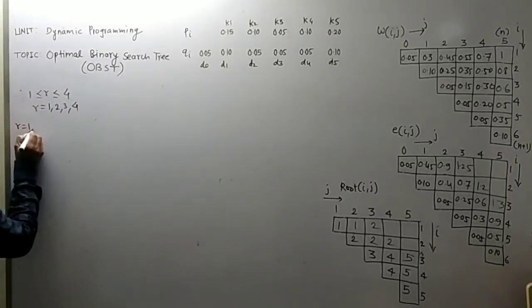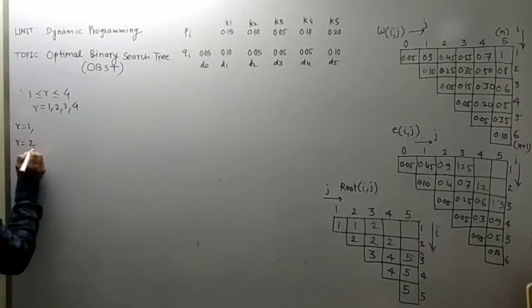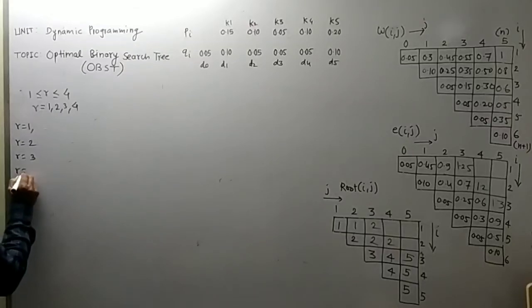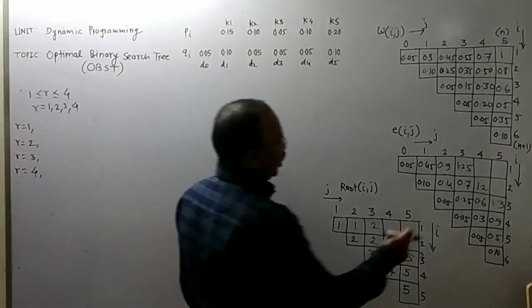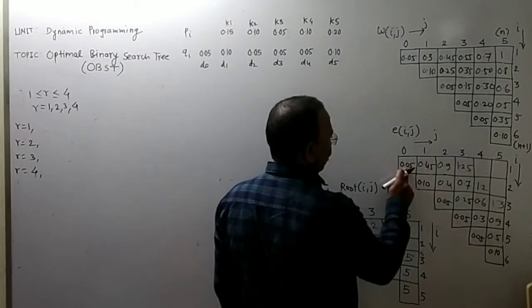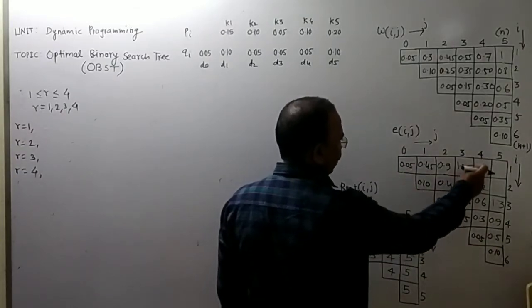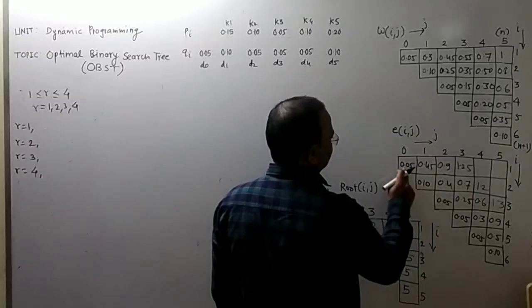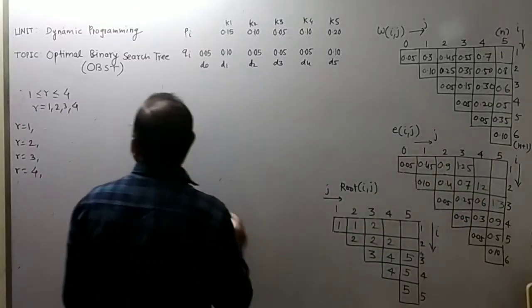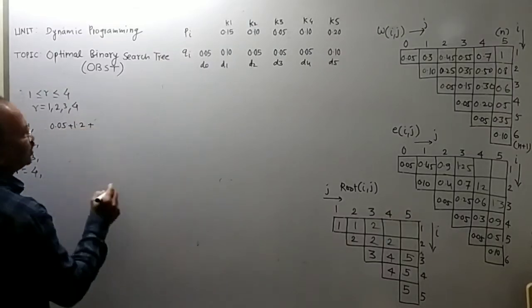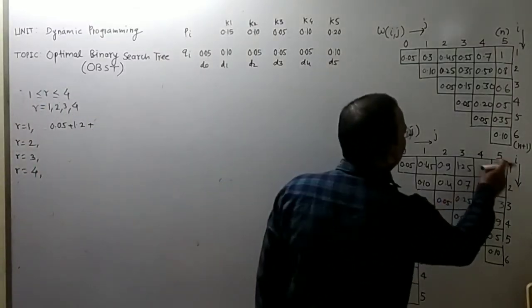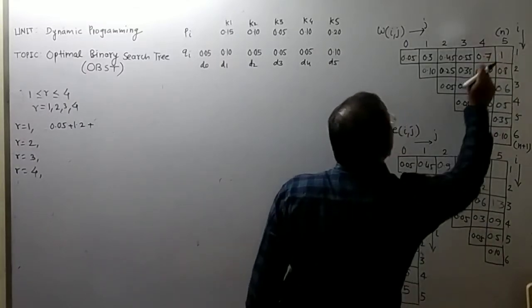One for r is equal to 1, second for r is equal to 2, third for r is equal to 3 and last value for r is equal to 4. Now for r is equal to 1, we have to consider the last value on the left hand side and the first value on the down side, that is 0.05 plus 1.2, plus the w value at the 1, 4 place, that is 0.7, is equal to.